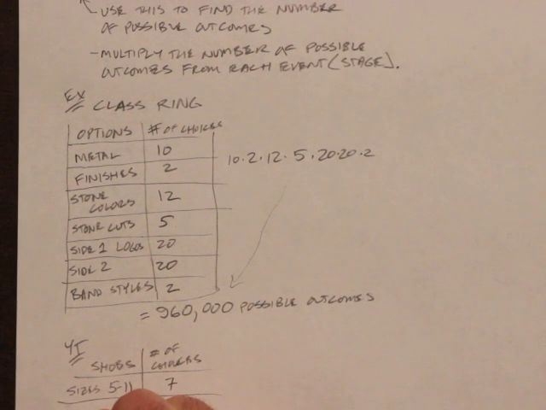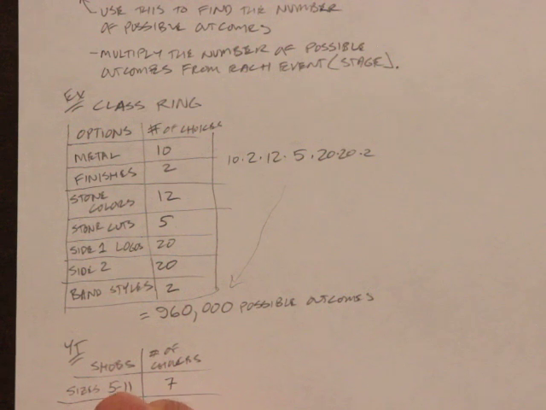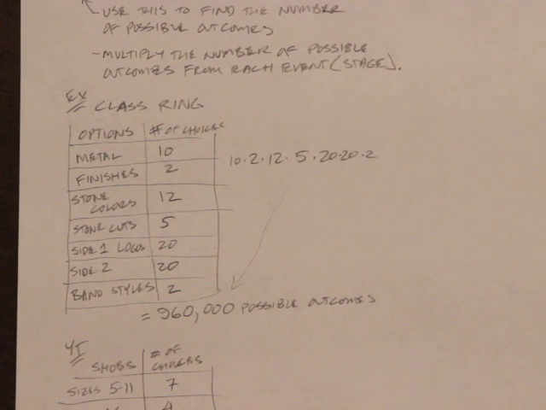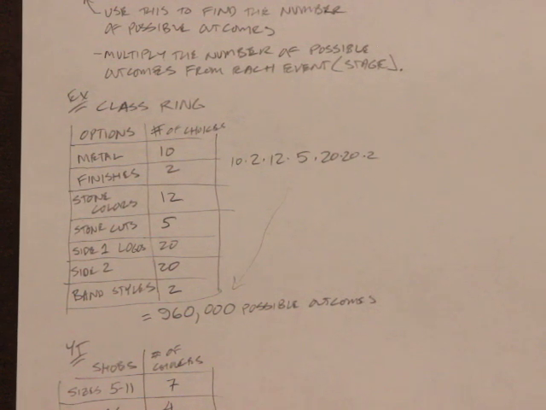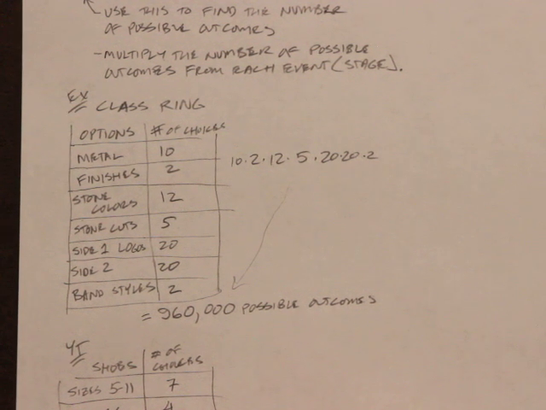There are 4 different colors of shoes that you can choose from. And then you can use leather or suede. So that's 2 different choices. And then your last choice that you can make here with these shoes is the width. So you can choose your width, and there are 3 different widths that you can choose from.